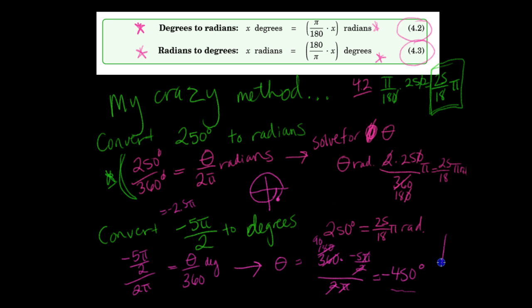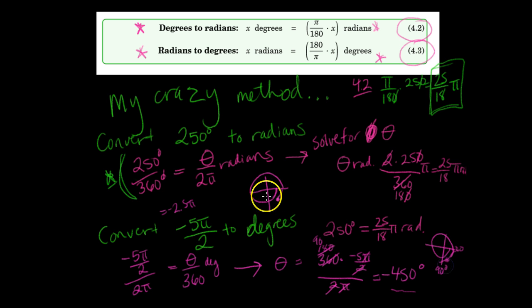Negative 450, 360, now I have to do math on the spot here. This is 360, and then if I add 450, I need 90 more degrees.